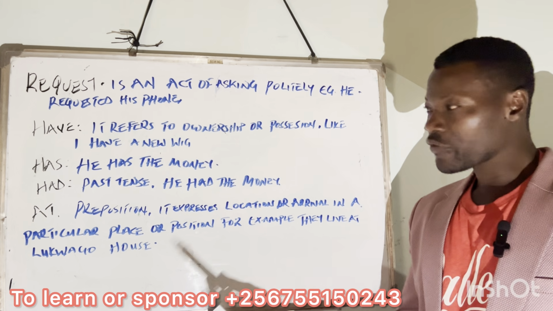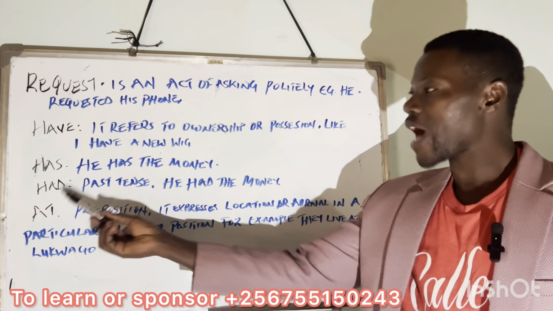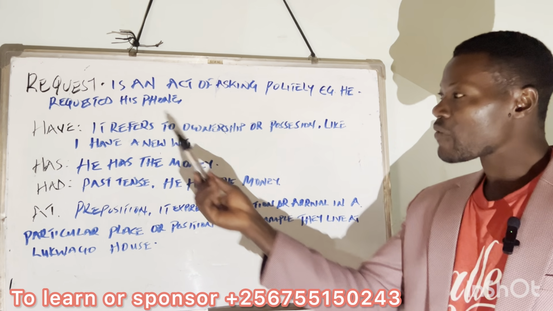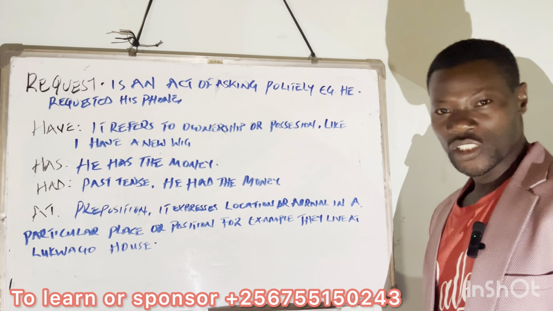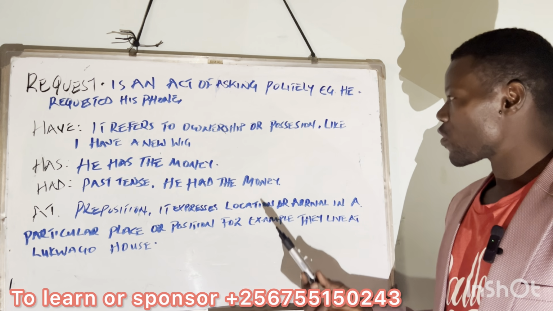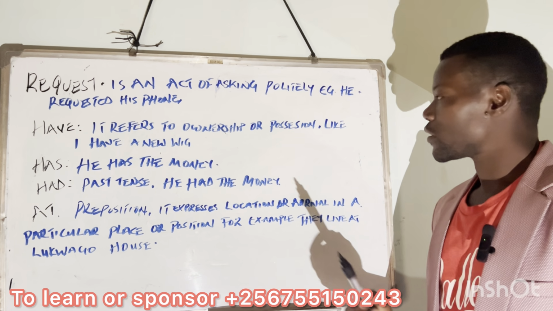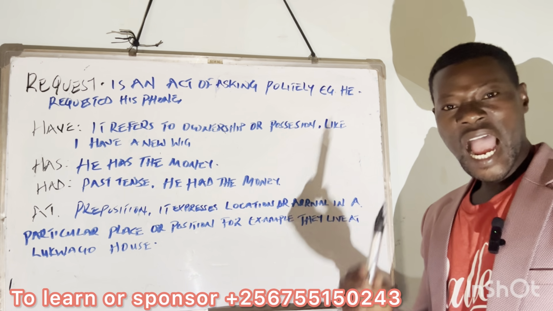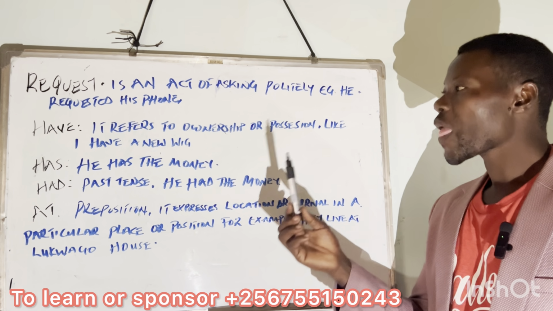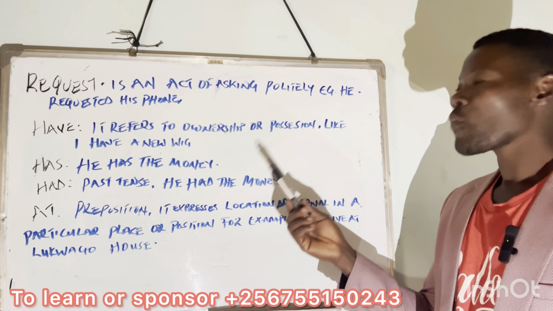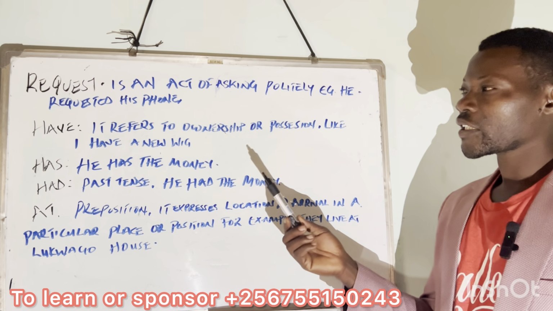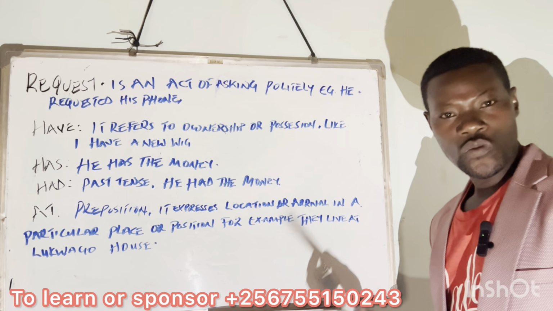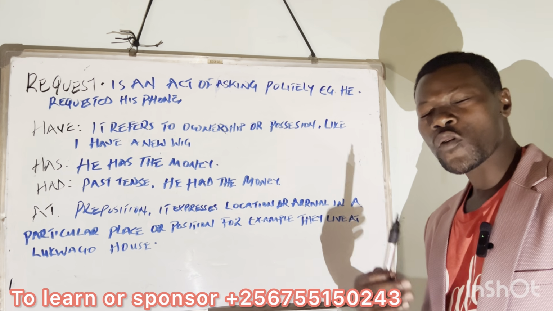Then we have have. There is have, has, had. So have refers to ownership or possessions. Have refers to ownership or possession. Like, I have a new wig. So have is just for ownership.